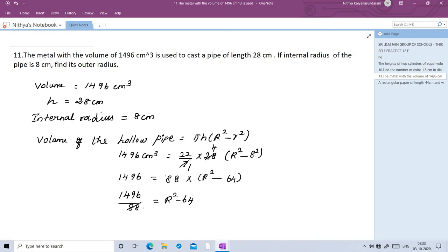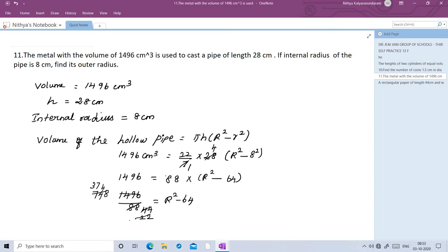So we can cancel in the 2 table. 4 twos are 8, again 4 twos are 8. 7 twos are 14, 4 twos are 8, balance is 1, 8 twos are 16. Again we can cancel in the 2 table. 2 twos are 4, 3 twos are 6, 7 twos are 14, 4 twos are 8.